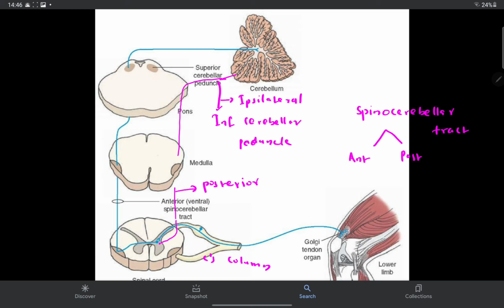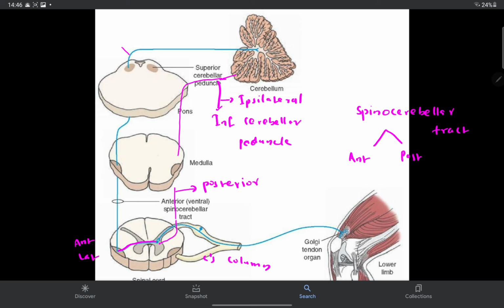Now talking about the anterior spinocerebellar tract, the first order neuron relays in Clarke's column, and the second order neuron originates from Clarke's column. It crosses to the opposite side, reaches anterolaterally, and ascends as the anterior spinocerebellar tract.